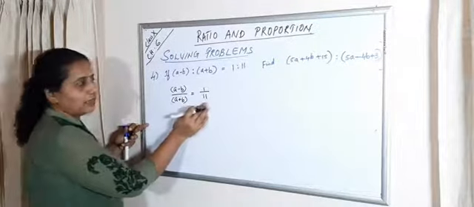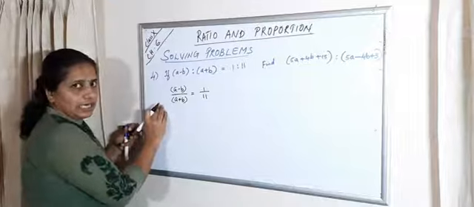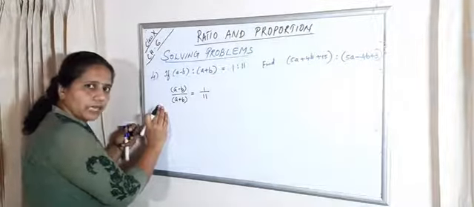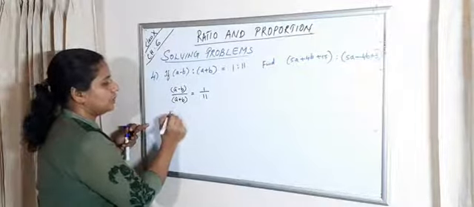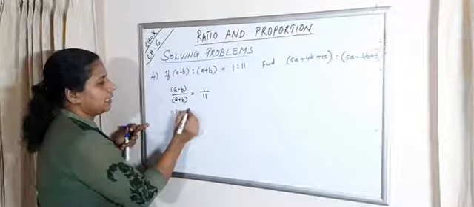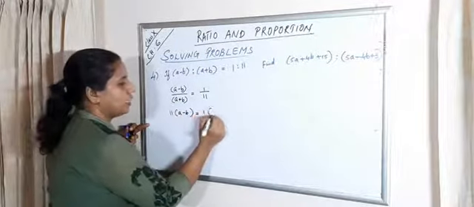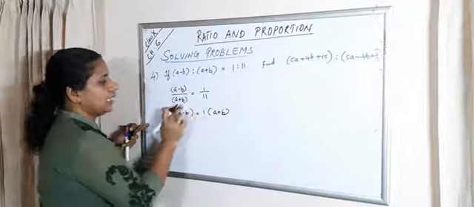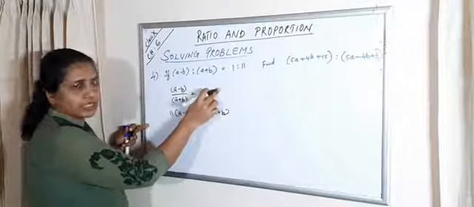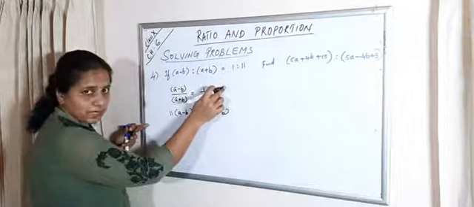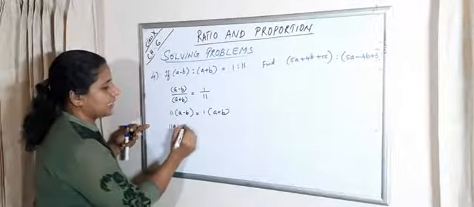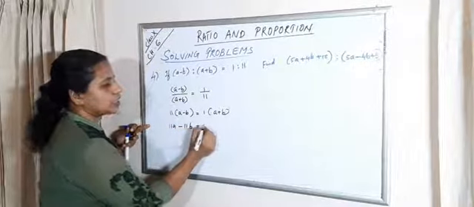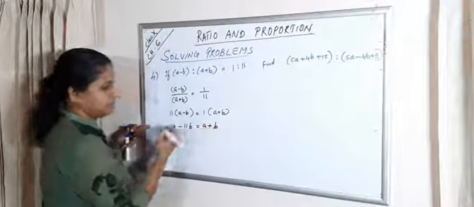When we take division to the other side, it will become multiplication. I am taking this 11 here. So 11 into a minus b is equal to 1 into a plus b. I am taking the denominator to the other side, so division will become multiplication. So 11a minus 11b equal to a plus b.